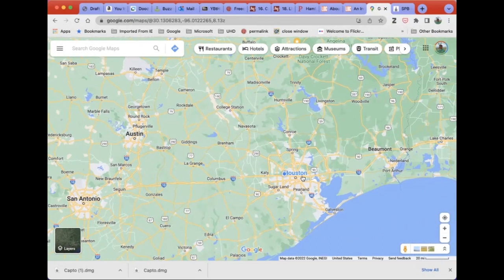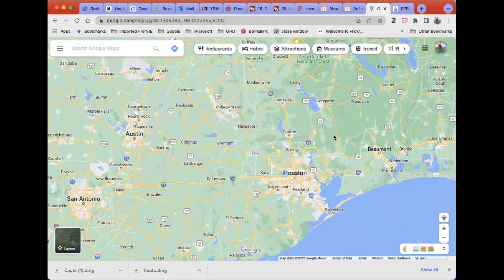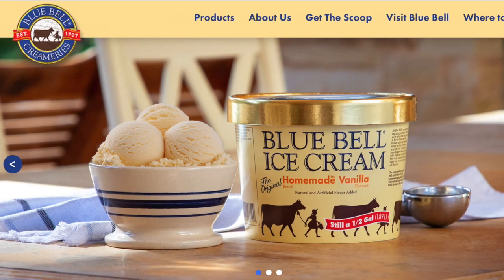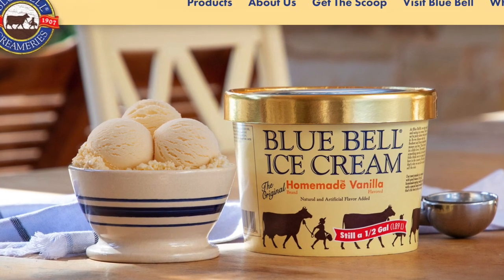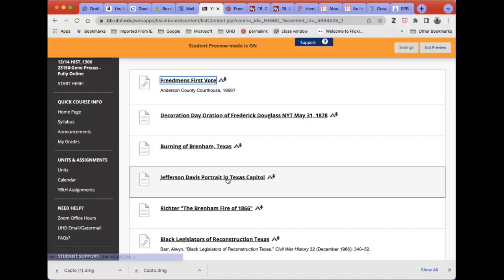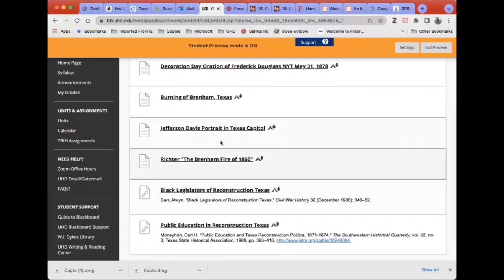Speaking of Brenham, if you were to leave Houston, you could be at Brenham in about an hour. Brenham, of course, is home to the famous Bluebell ice cream plant. Some of you may be familiar with that. And in the Brenham newspaper, there is a discussion of why there is a portrait of Jefferson Davis at the state capitol.